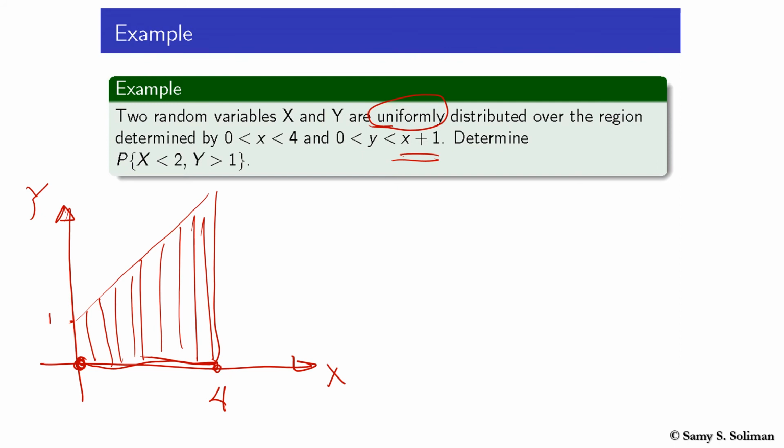And of course, if we want to find the joint distribution f of x and y, we have to make sure that the total probability in the area of validity of the random variables is equal to 1. So this is the double integral of f of x and y dx dy equal to 1, and this area is the shaded area.